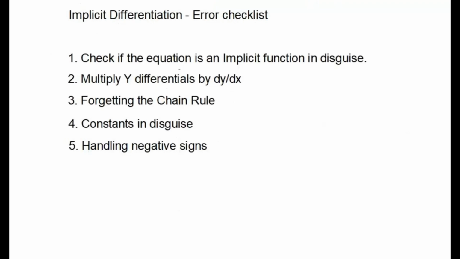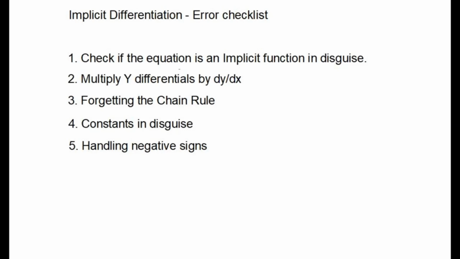Let's quickly recap the key mistakes we tend to make in implicit differentiation. The first one is recognizing an implicit function. If the x's and y's are mixed into the equation such that the y cannot be made the subject of the equation, then it's an implicit function and requires that you differentiate it implicitly.